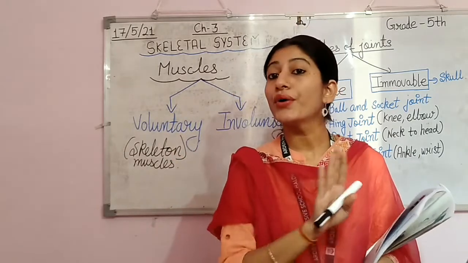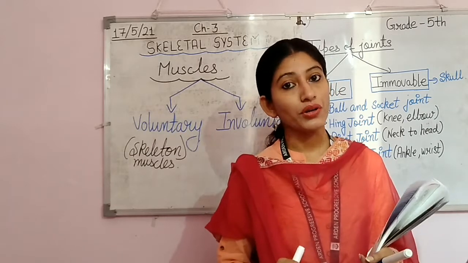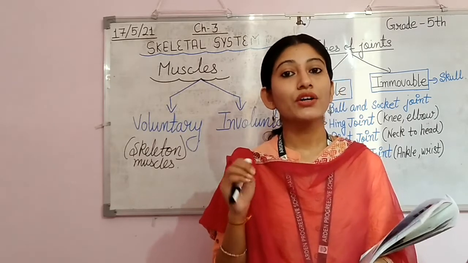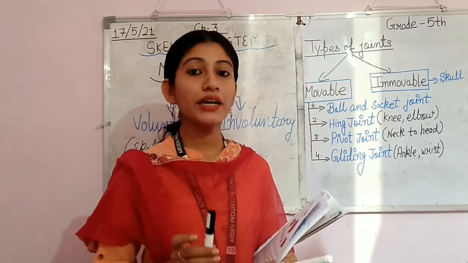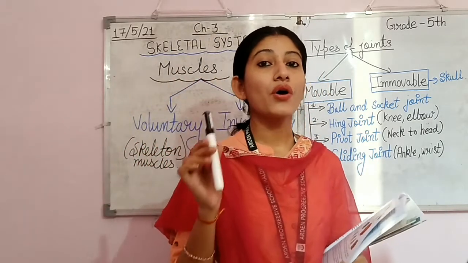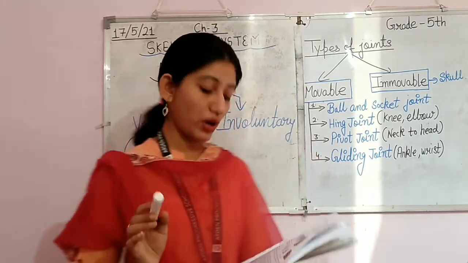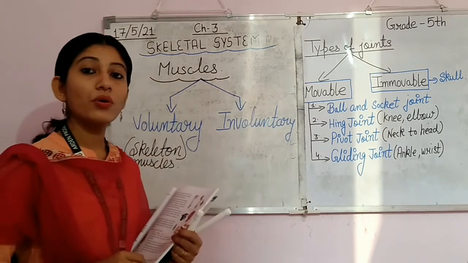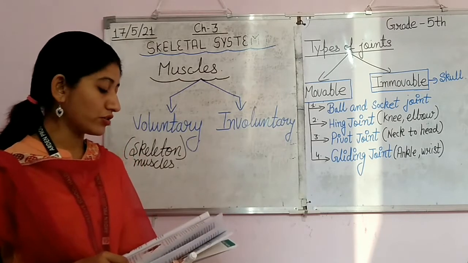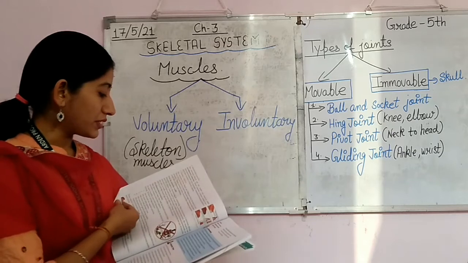These all are not in our control. So these muscles are called involuntary muscles. So what we come to know is that the muscles which are not in our control are called the involuntary muscles, and they are also known as smooth muscles.